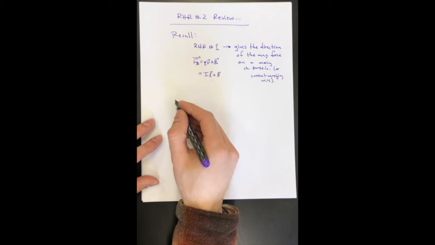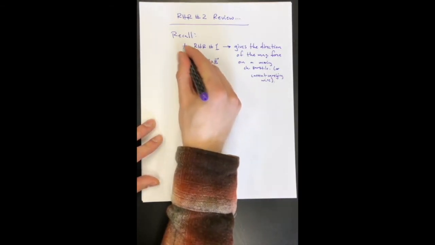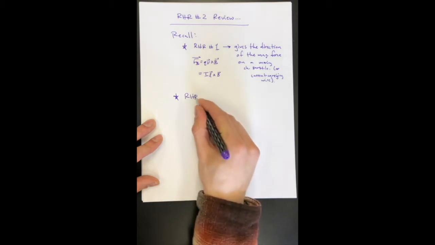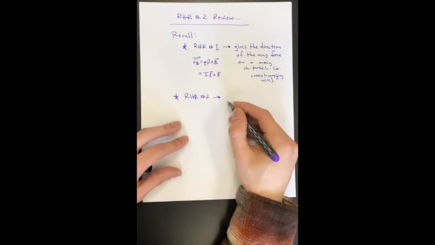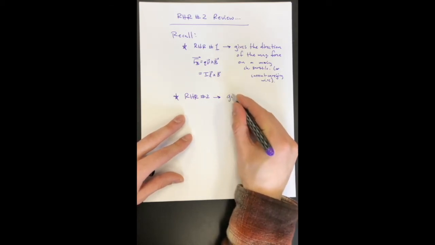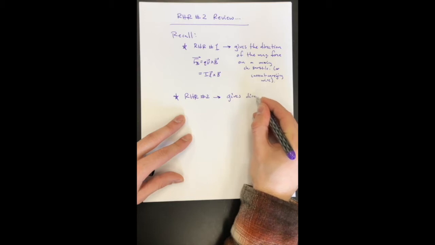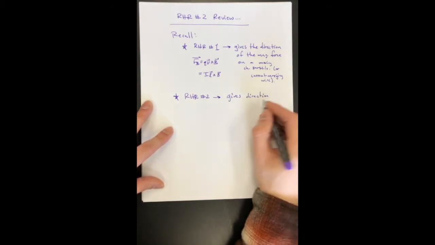Our second right-hand rule always gives the direction of the magnetic field produced by a moving charged particle. Or the shape, if you want. It gives the shape of the field as well.